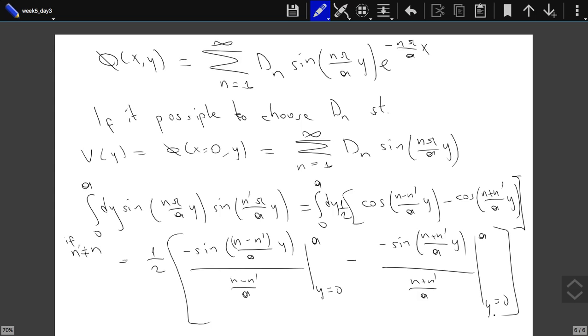Well, you see, this is an integer. When we put y is equal to a, there's a pi over there. Yes, plus. So when we put y is equal to a, the a's cancel, so I have an integer times pi, and I'm taking sine of an integer times pi.